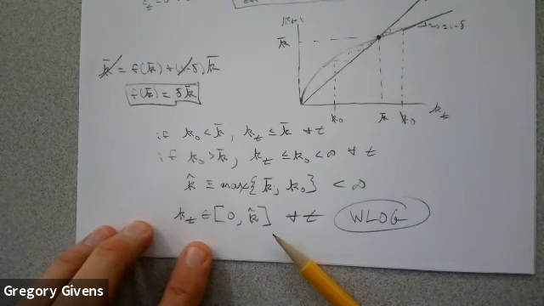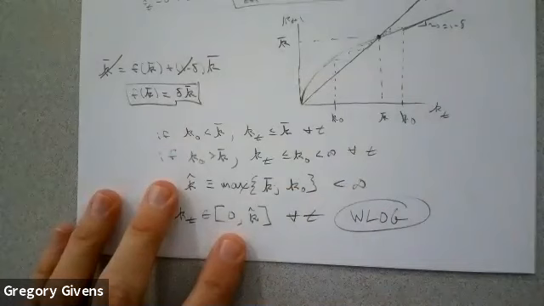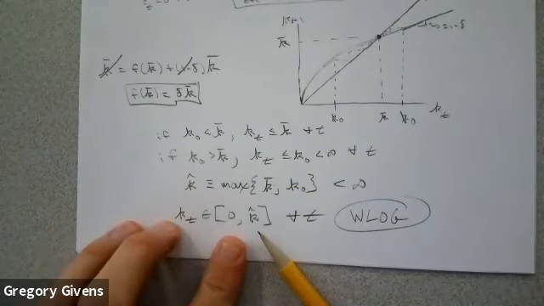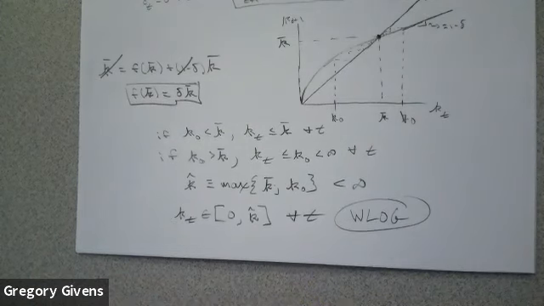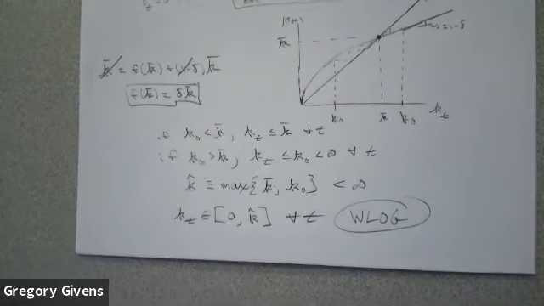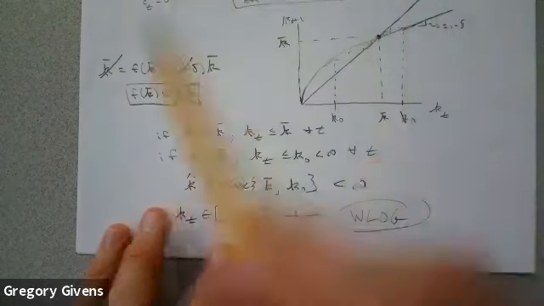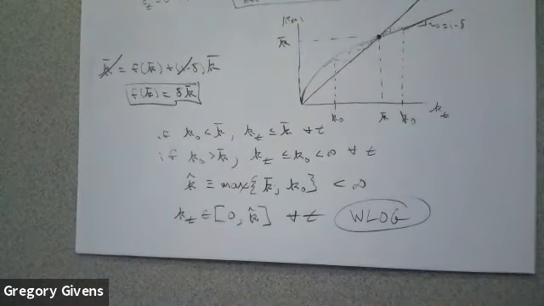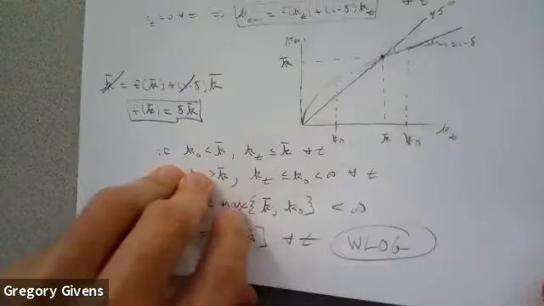And in order for there to be a unique policy function that solves the Bellman equation, it must be the case that the state variable lies on this compact set. We can actually determine what that compact set is given the parameters of the model. Does that make sense?